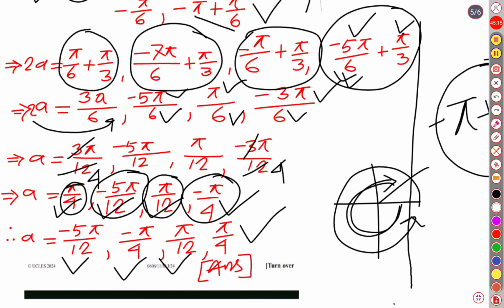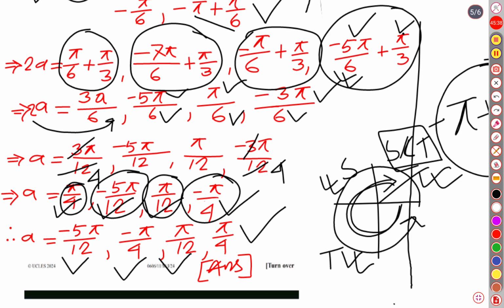For sine, the first quadrant is positive and the second quadrant is also positive. In the first quadrant all of sine, cos, tan and their inverses are positive. In the second quadrant only sine, in the third quadrant tan is positive, and in the fourth quadrant cos is positive. After that you will decide whether you should move in the anti-clockwise or clockwise direction.